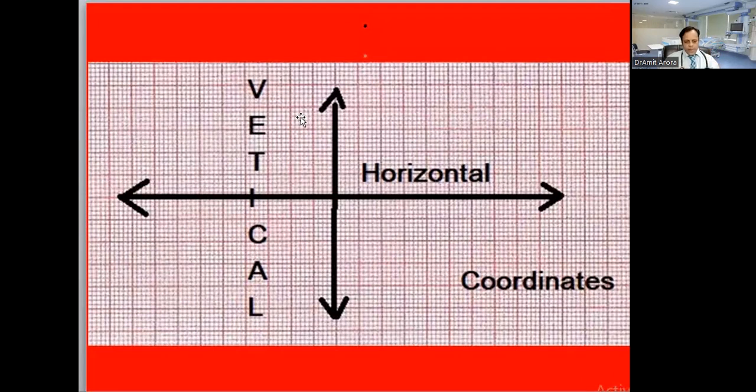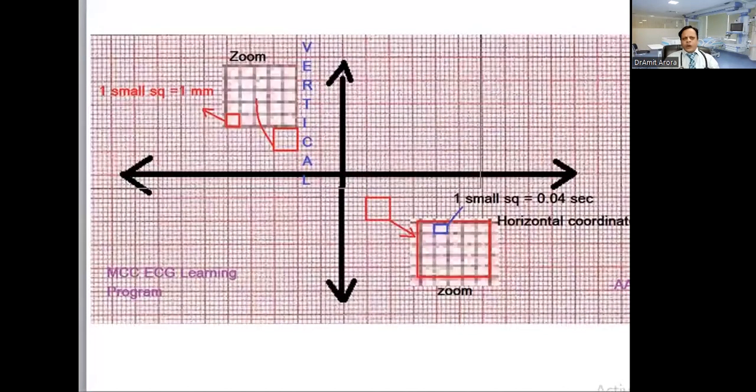We are going to start from the very, very basics, as I told you. Please look at the ECG paper. This is a small square. In the horizontal coordinate, one small square is equal to 0.04 seconds. I will tell you later how to calculate; right now, just remember this.